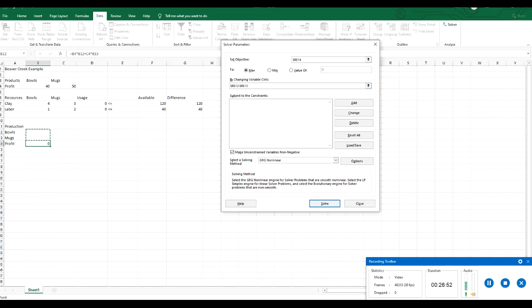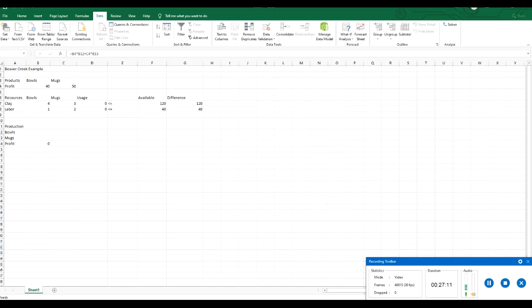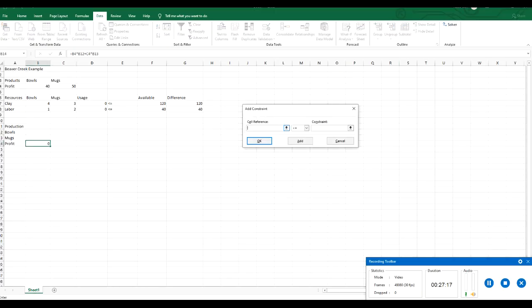The last thing that we have to do is enter our constraints. What is our first constraint? This is where we enter our constraints, and we've got our constraints over here. So we add constraint number 1. And that is the usage, which is right here, D7, must be less than or equal to the total available, F7.